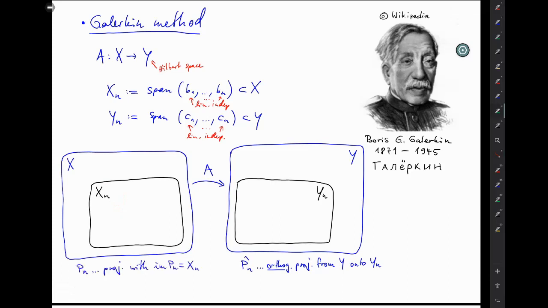So one of the things that you do in projection methods is to take your right hand side B, which is of course typically not yet in the subspace yn, and you have to project it down to yn using that projection over here, and this is now the orthogonal projection. So in geometrical terms, this means that this difference vector here is orthogonal to this whole subspace yn here.